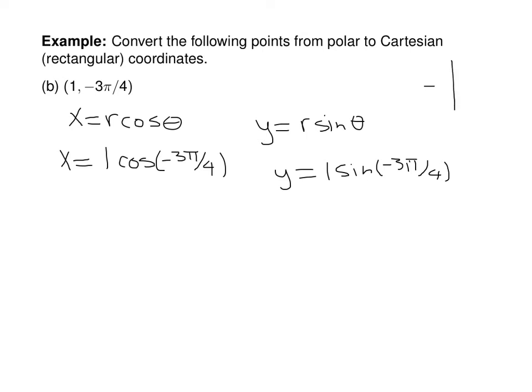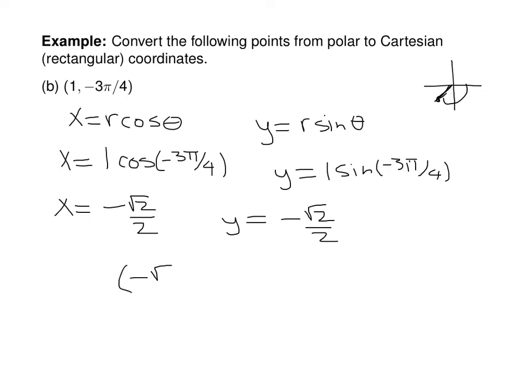And negative 3 pi quarters falls right there if you're using your unit circle as a reference. So for negative 3 pi quarters, the cosine is negative root 2 over 2, and the sine is also negative root 2 over 2. The rectangular coordinates are (negative root 2 over 2, negative root 2 over 2).